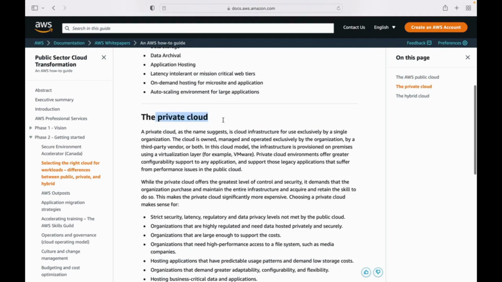If I talk about the private cloud, as the term indicates, a private cloud is completely private, and it is up to the customers. The customer can define who can access this particular section of their cloud. This is a cloud infrastructure that is used by a single organization.